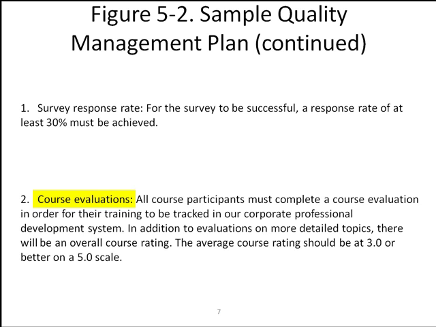And the next one is course evaluations. All course participants must complete a course evaluation in order for their training to be tracked in our corporate professional development system. It does mention that the average rating should be at least 3.0 or better on a 5-point scale. So it does list the actual metric and then the standard to which it should adhere.